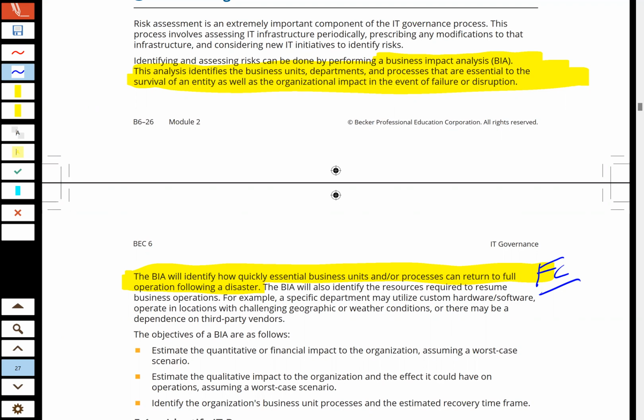And so we don't want to sit there and not have these things thought through by this business impact analysis process.